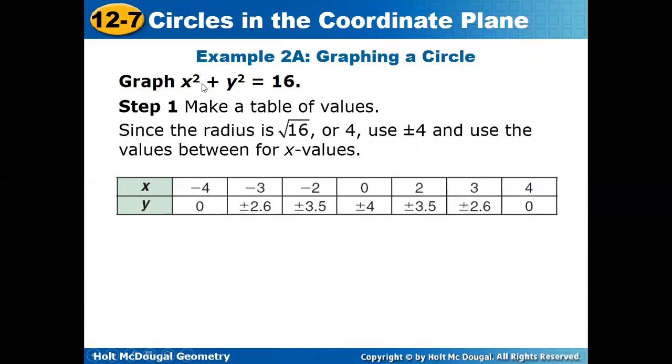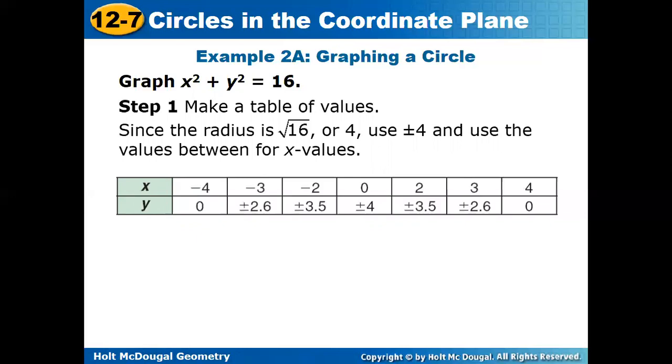Solve this equation. You will subtract 16 from both sides. So y squared equals 16 minus 16, so y squared will be 0. So y equals positive and negative root 0, which is only 0.